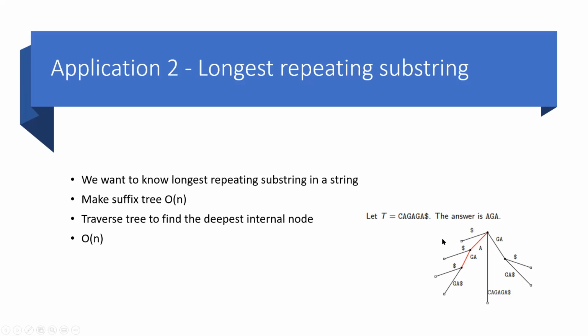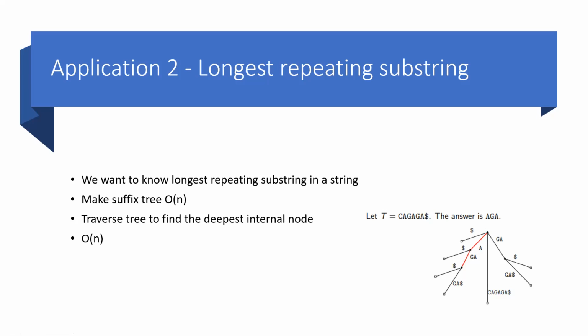So all of these nodes here that are not filled in are leaf nodes. That means they have no children, where an internal node has at least 2 children. So starting from the root, we find that this is the deepest internal node, where it's 2.